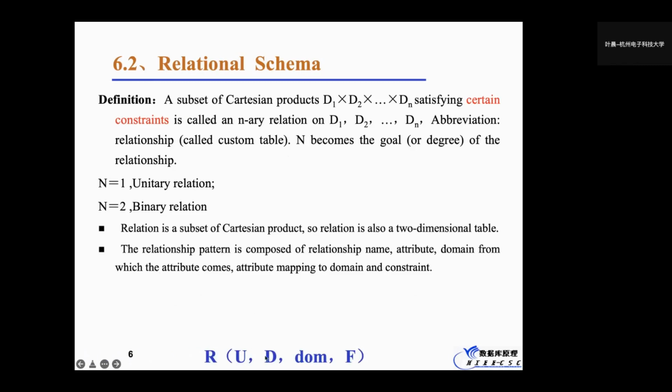Here, R represents the relation name, U represents the attribute names, D represents the domains from which the attributes come, DOM represents the attribute-to-domain mapping, and F represents the constraints. So we write a relational schema like this.